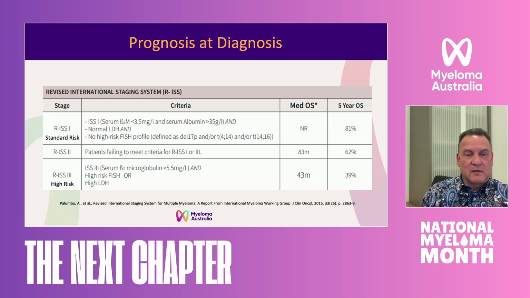And then in the middle is a category of intermediate risk where you're neither high risk or low risk. And this gives us prognostic information to say, if we give you the standard treatment, how likely are you to be in remission at 5 years, but also how likely a patient is to be alive at 5 years.